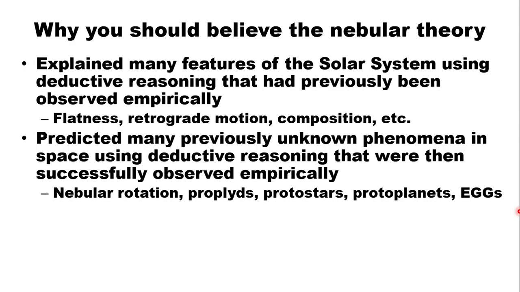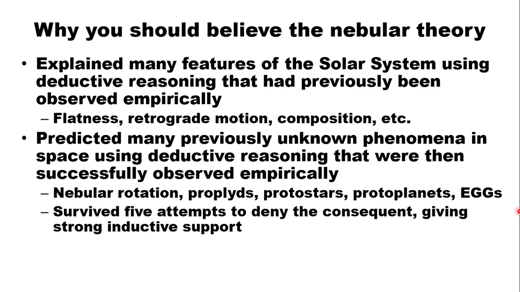This is very impressive when you can predict this should exist, you should be able to observe it, and then you do go out and observe it. So this gives us strong reason for believing nebular hypothesis, enough reason that many astronomers are comfortable now calling it nebular theory.